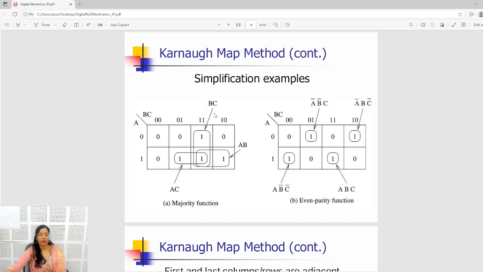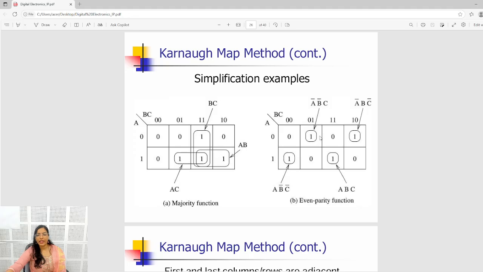We need to check from these two columns what we have in common. 0 1 is different, 1 1 is same, which means C. So the answer for this one is A from here and C from here. Likewise, for this pair we get A from here and B from the above AB, and for this pair we get B as common and C as common, because here A bar and A are varying, so we take the column term, which is B C.